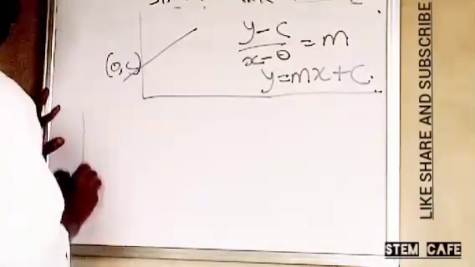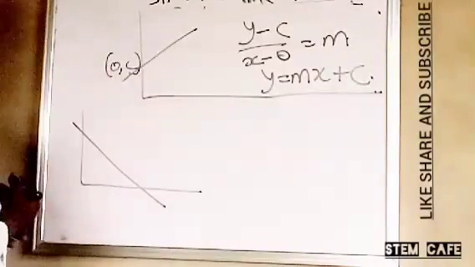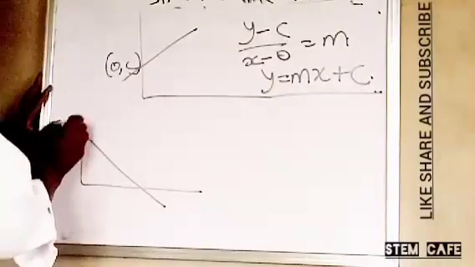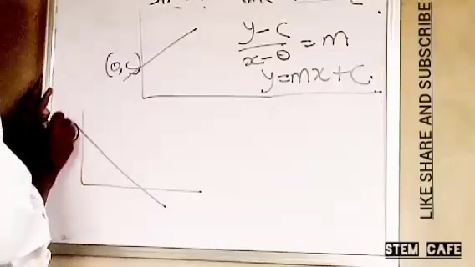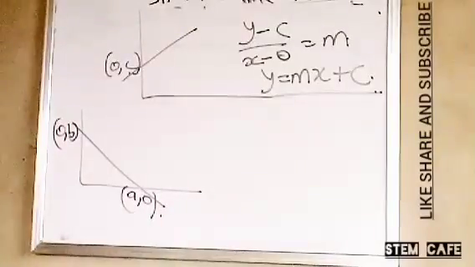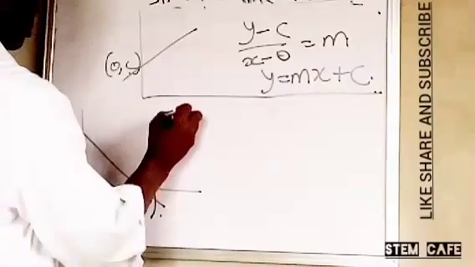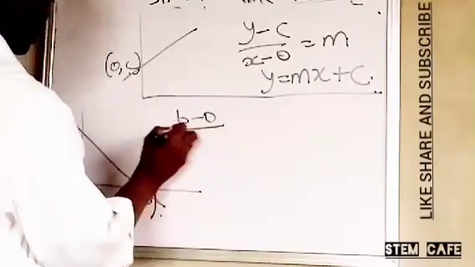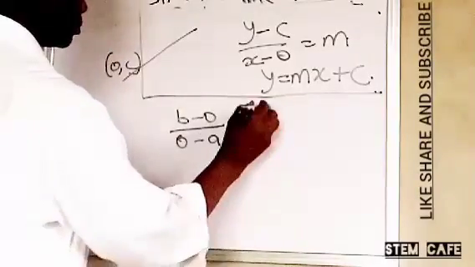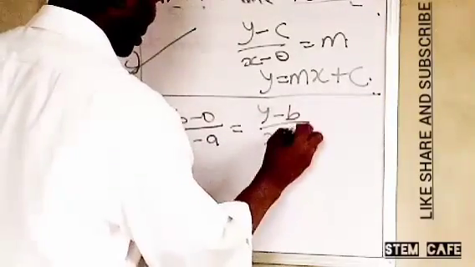Now the double intercept format. When we have the double intercept format, you know where it cuts the x-axis and where it cuts the y-axis. Let's call these OB and AO. So for this one, b minus 0 over 0 minus a is equal to y minus b over x minus 0.